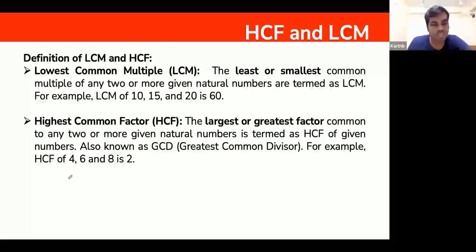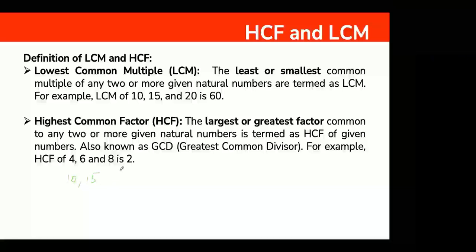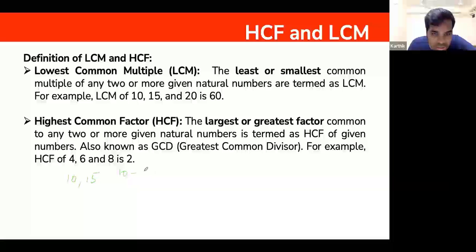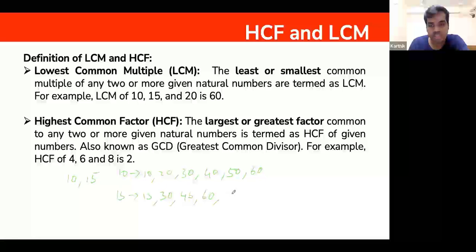Let me erase this part. So I'll give you one more number. Let us take 10 and 15. Now what is the LCM of 10 and 15? 30. See, multiples of 10: 10, 20, 30, 40, 50, 60, and for 15 it is 15, 30, 45, 60, 75.